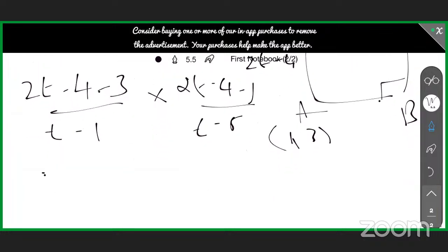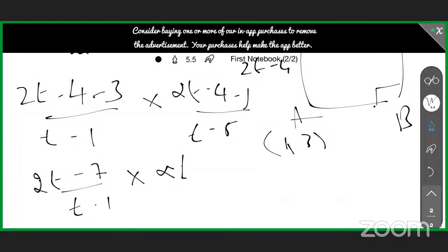That is 2t minus 7 by t minus 1, into 2t minus 5 by t minus 5.